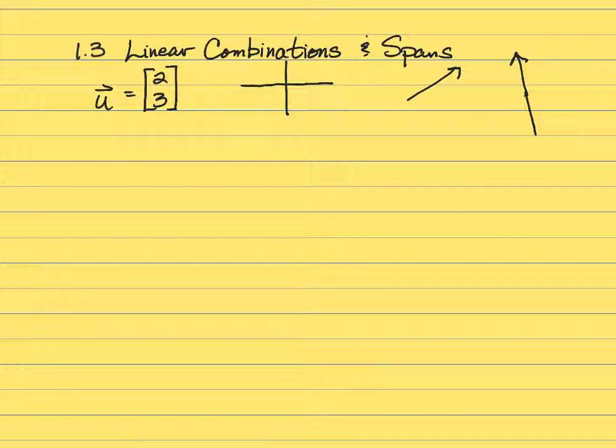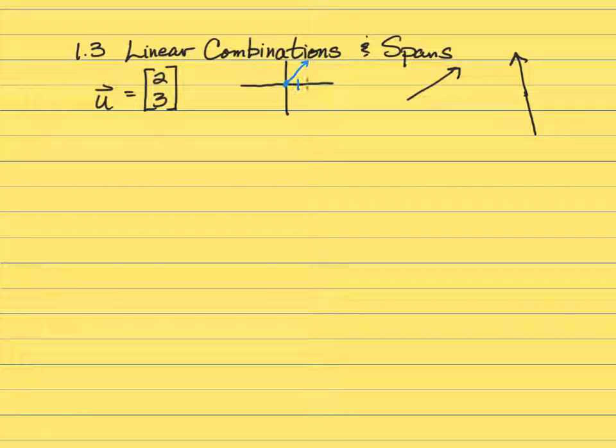But what we typically do is we'll talk about a vector being in standard position, and what that means is it starts at the origin and it goes out from the origin. And where does it end?